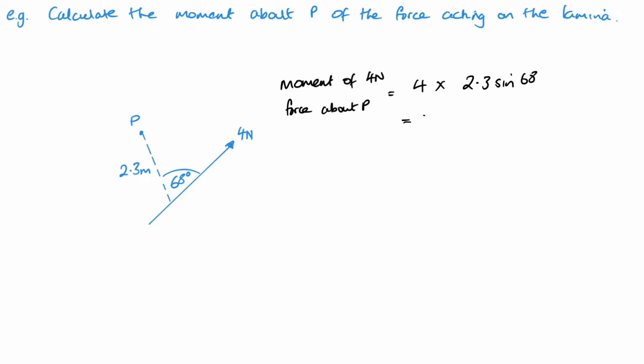And that will be 8.53 Newton meters. And then looking at the direction, this time it's going to spin this way, so it's anti-clockwise. Easy enough. I'll give you a couple to have a quick little go at, and then we'll move on.